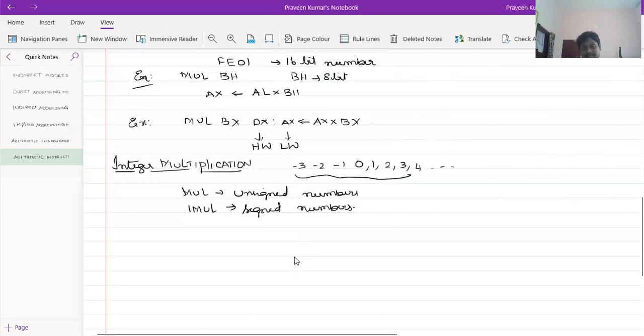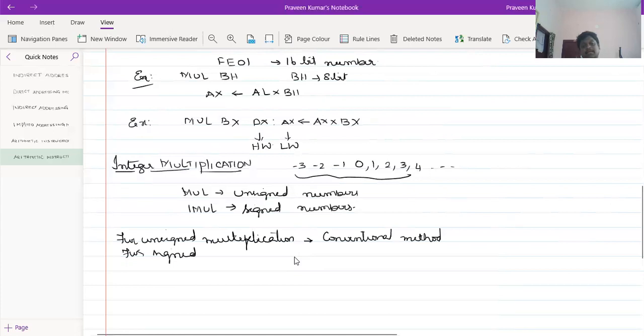For unsigned multiplication, we use the conventional method of multiplication. But for signed multiplication, we use Booth's algorithm.